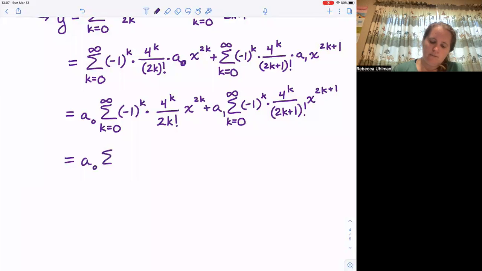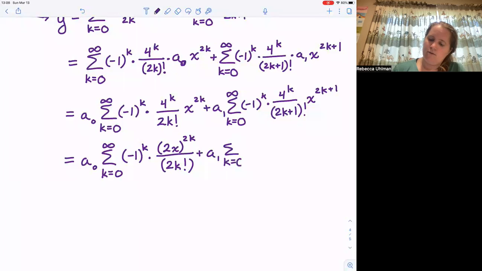So we have a0 times the sum from k equals 0 to infinity times -1 to the k times 2x raised to the 2k divided by 2k factorial, then plus a1 times the sum from k equals 0 to infinity, -1 to the k. Throwing that 4 to the k inside, we could do it as 2 to the 2k.